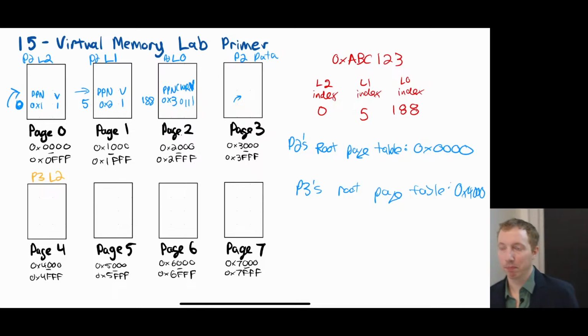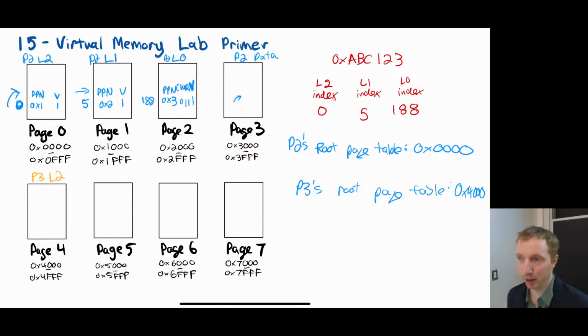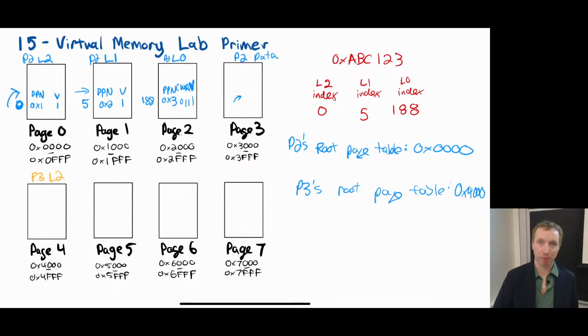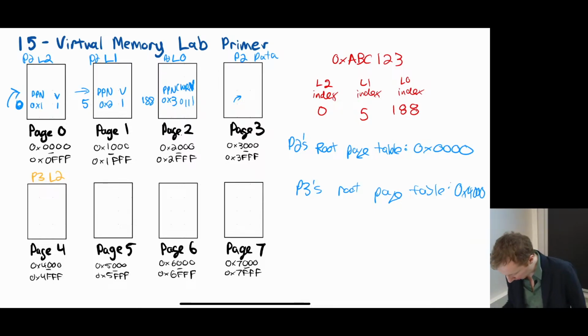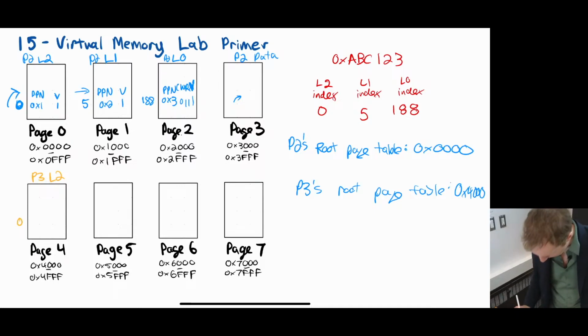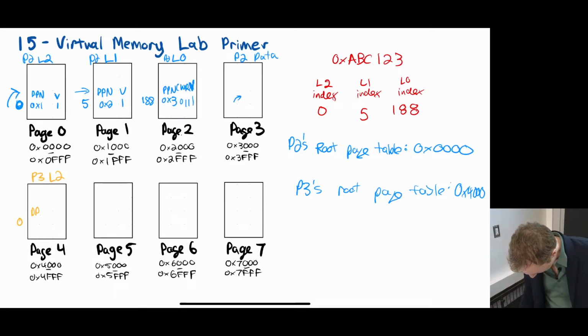Okay. What's the next step I want to do to make them independent? Can I get a new page, and let's just say I copy the contents of process 2's L2 page table, but it's on a new page, right? So I'd have index 0, the PPN would be 1, valid bit would be 1.